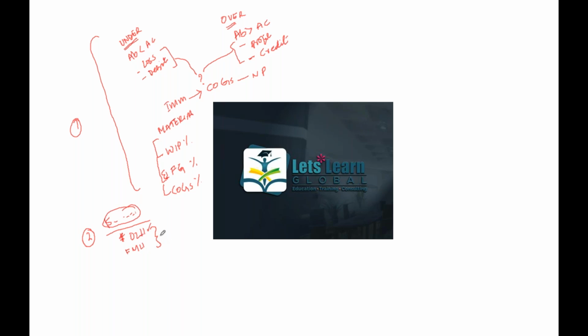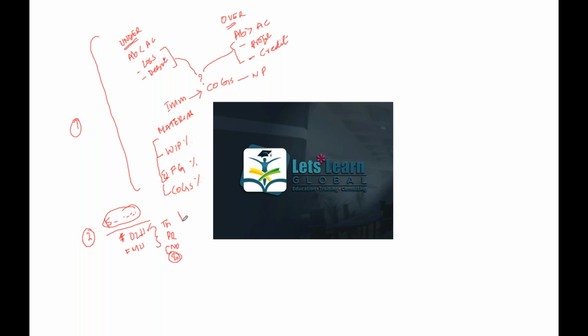And whether it is direct labor or machine hours, we have capacity levels: theoretical capacity, practical capacity, normal capacity, and expected capacity. Normal capacity usually is to be used, but if normal capacity exceeds the expected capacity, we should use expected capacity. What do we understand here?